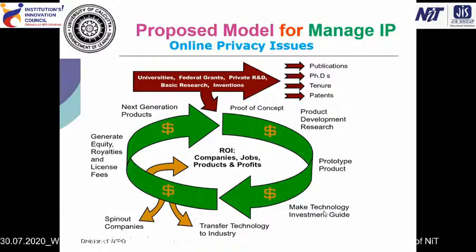It is consumable. Your intellectual property should be treated as a commodity, as a tangible property, and it may be sold through prototype products, or by-products of development research, to make the technology investment guide. Okay, next.